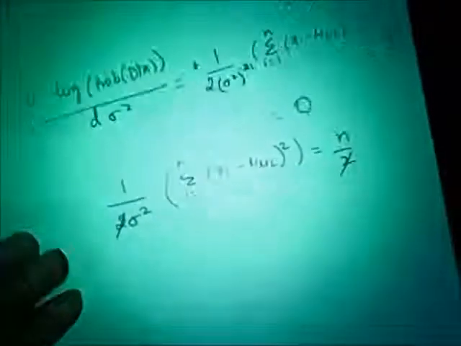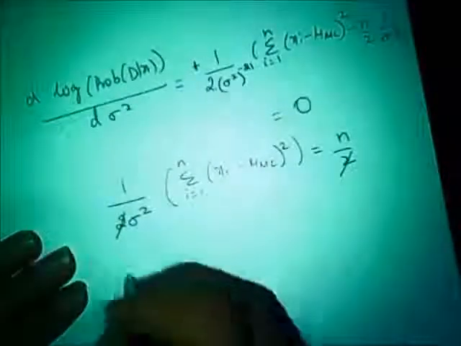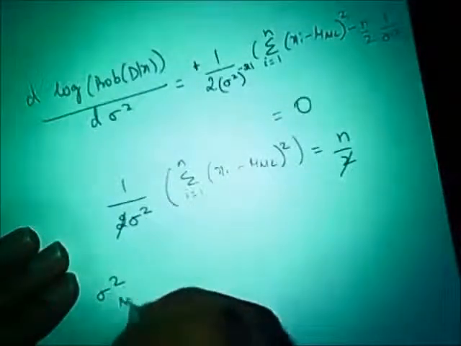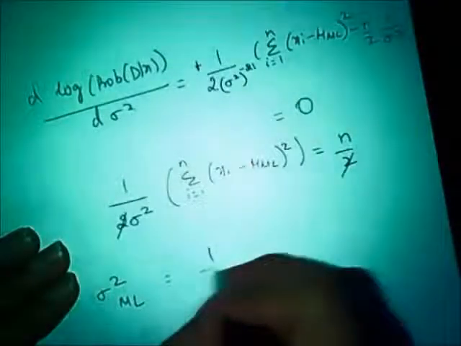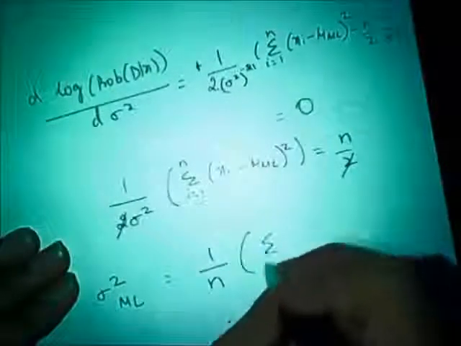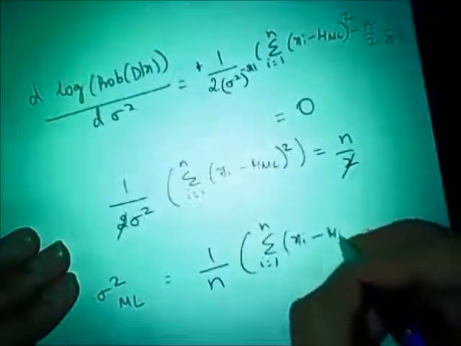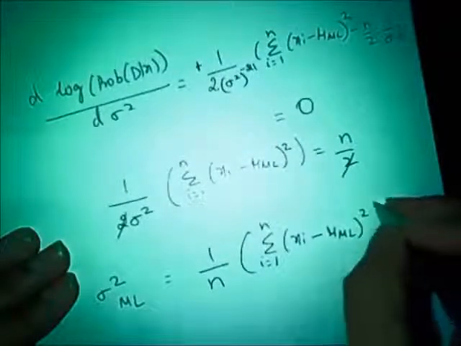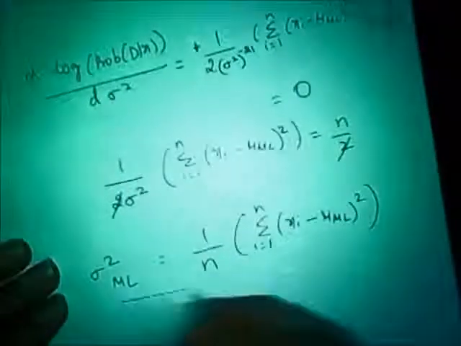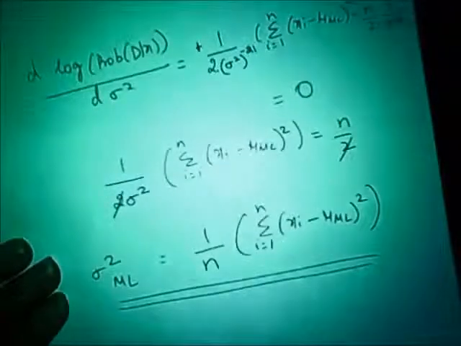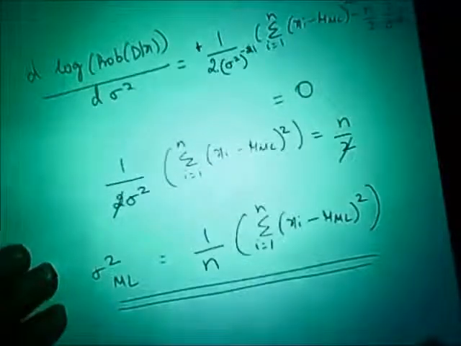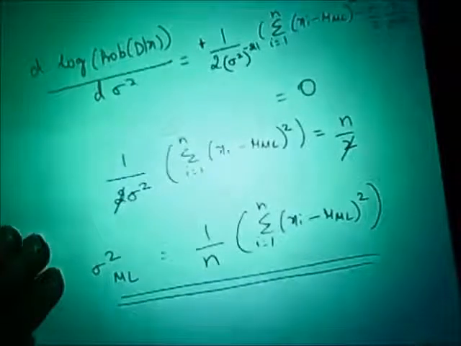Again, I'm going to cancel the 2 and take the sigma squared here. So I'm going to get sigma squared ML equals 1 over n, sum over i equals 1 to n of (x_i minus mu ML) the whole squared. So this is the maximum likelihood estimate of my variance from the data that I have already obtained.